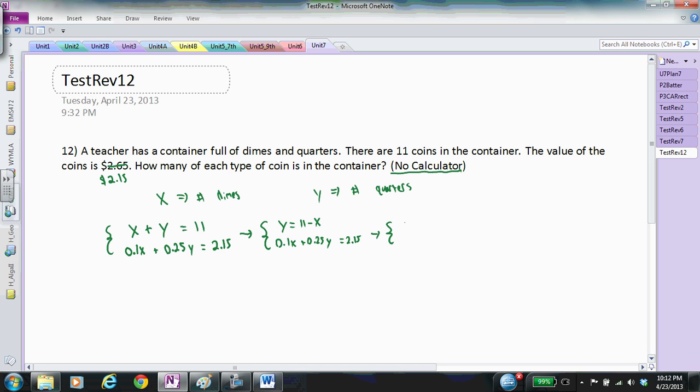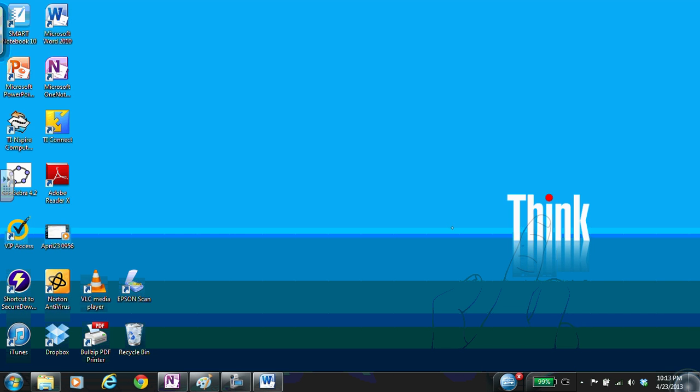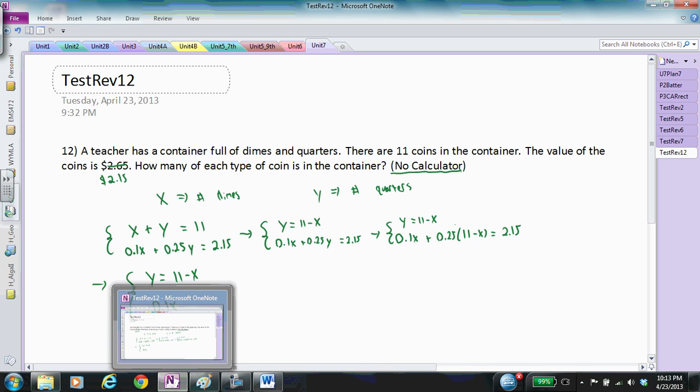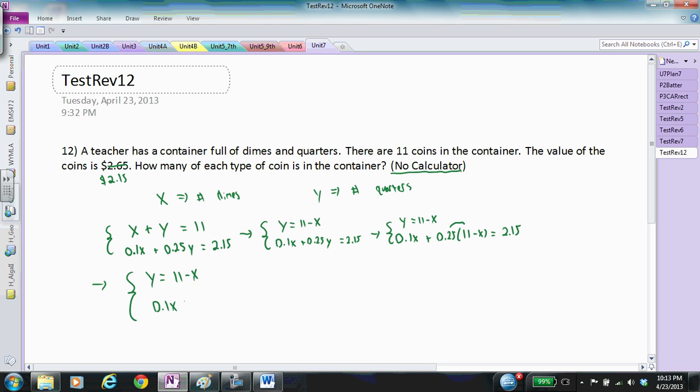So let's do that now. So I get, top equation stays the same. I substitute in the bottom equation 0.1x plus 0.25 times 11 minus x equals 2.15. So writing a little bit bigger, y still equals 11 minus x, and I get 0.1x. Now I distribute. Ooh, what happened? I distribute 0.25 times 11.